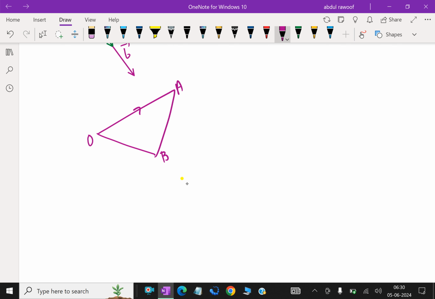This is vector A. AB is vector B. Then OB is vector A plus B. Therefore, you can write vector A plus vector B is vector OB.